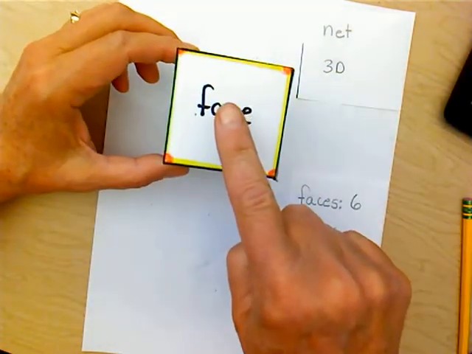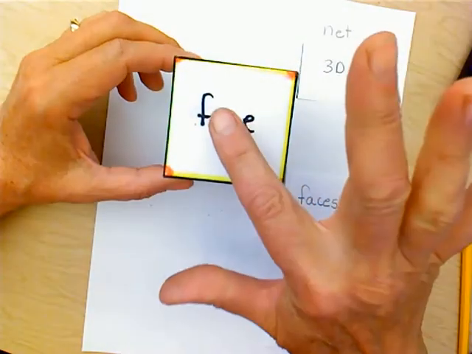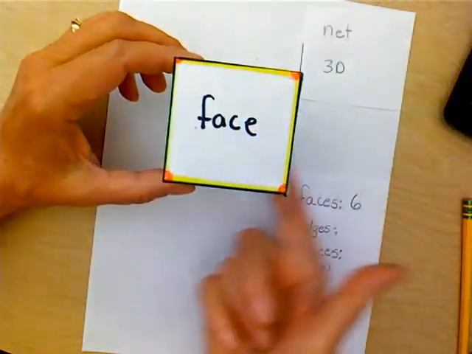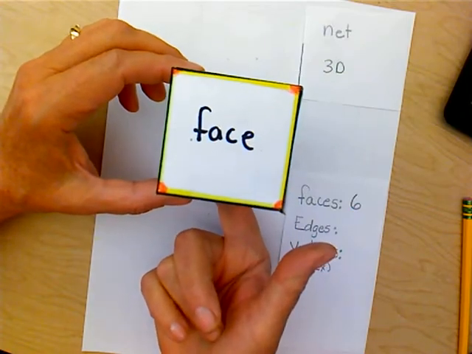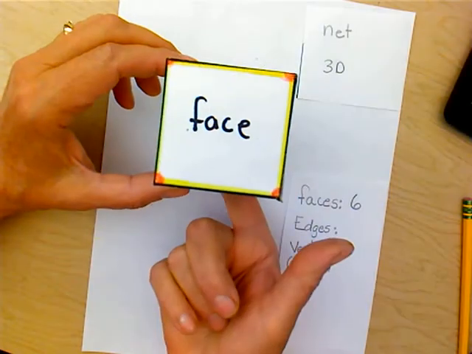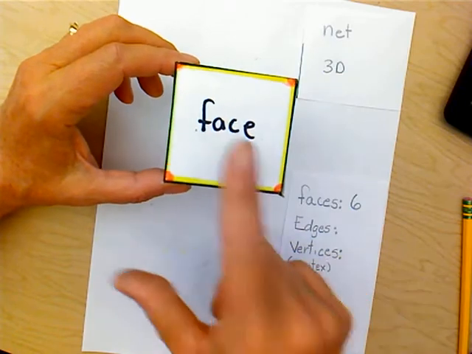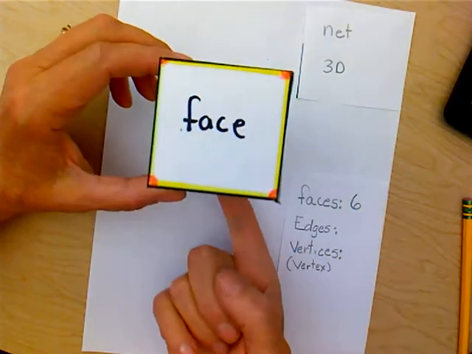I'm going to think about the top and the bottom. Okay, the top of my cube is 1. The bottom of my cube, which I'm not going to flip over, is 2. So top is 1, bottom is 2. Then I have sides that I need to count, and I need to keep track of where I started. Top and bottom, and now I have to count around the sides.